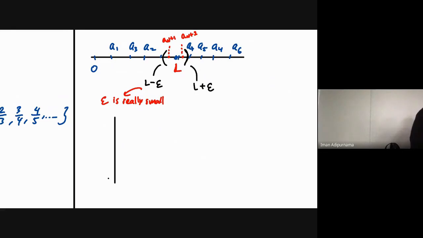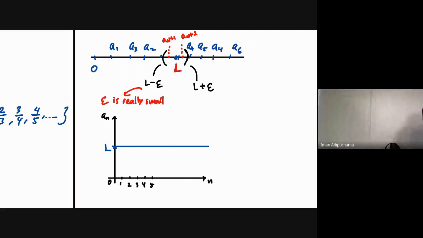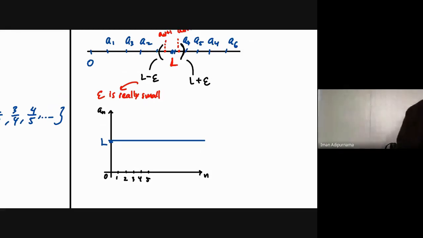Let's say this is L, and let's take a line around here, from 0, maybe 1, 2, 3, 4, 5. This is n, this is an. Or maybe make it longer.